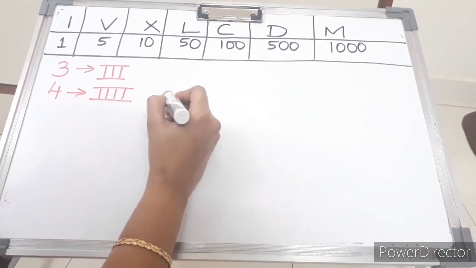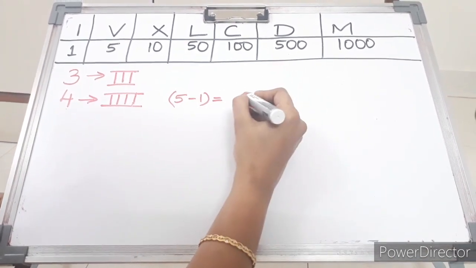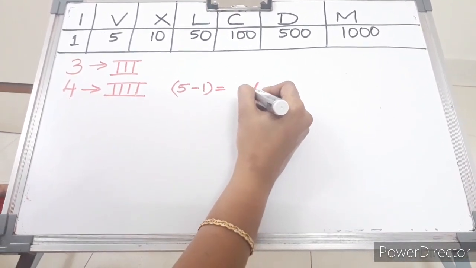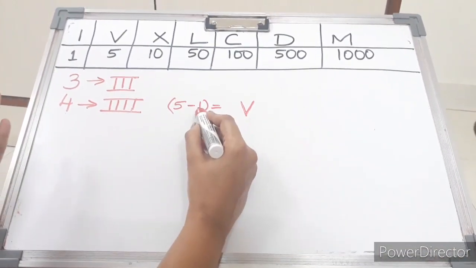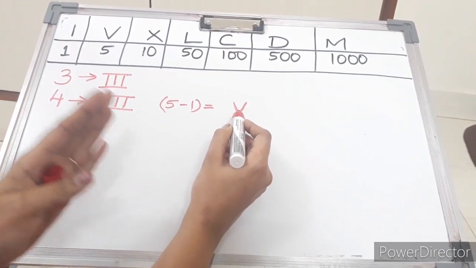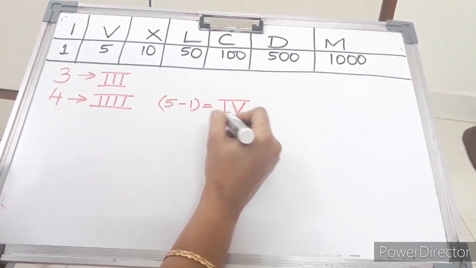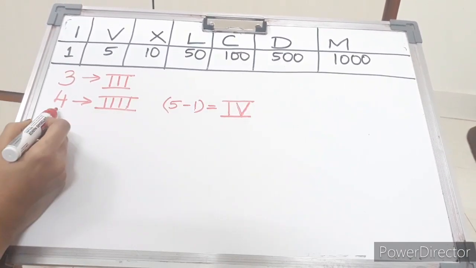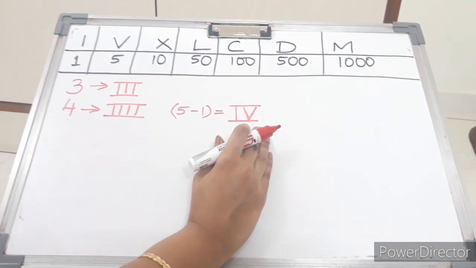For 5, we can do 5 minus 1. What is the 5 symbol? V, and this is the greater value. The smaller value will be 1. So we will write the smaller value symbol on the left, and that forms the Roman numeral for number 4. So this is the concept of smaller and greater value.